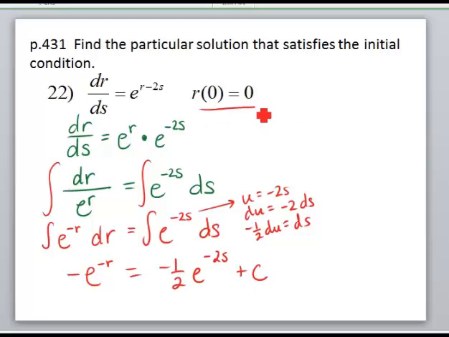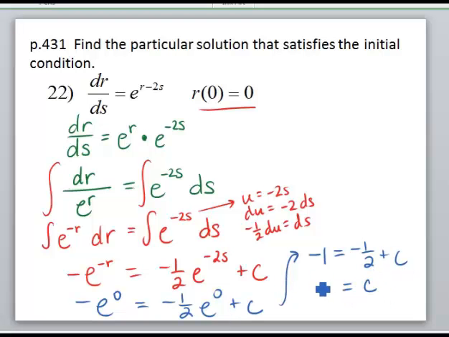It is asking you to use this condition. So you'd have negative e to the 0 equals negative 1/2 e to the 0 plus c. That gives you negative 1 equals negative 1/2 plus c, because e to the 0 is 1.